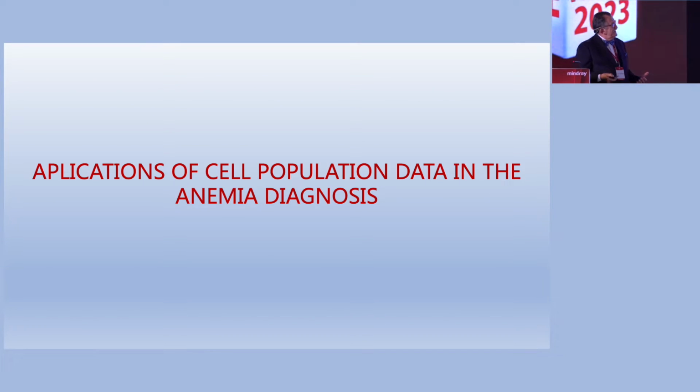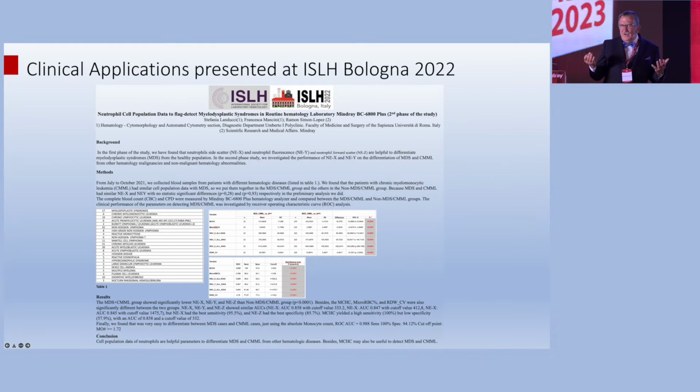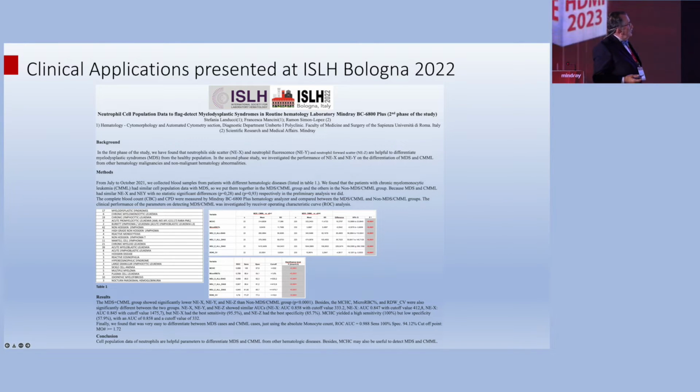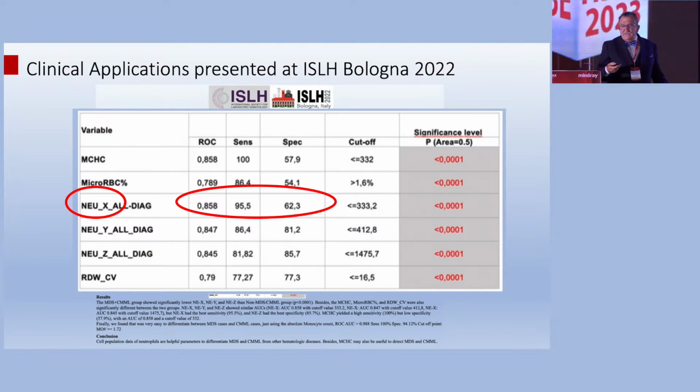In this Congress were presented applications of cell population data for anemia. Leukocytes for anemia, yes. This study was done by Stefania Landucci from Rome about how to detect myelodysplastic syndromes with the automated parameters, with the CBC.